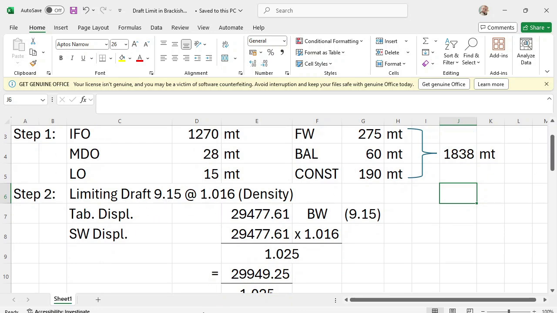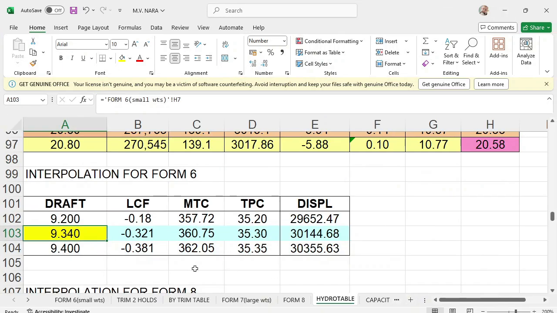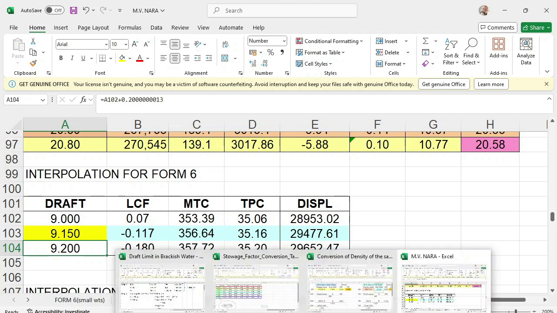So we go to the hydrostatic table, guys, and the draft is 9.15. What is the displacement? Displacement is 29477.61.